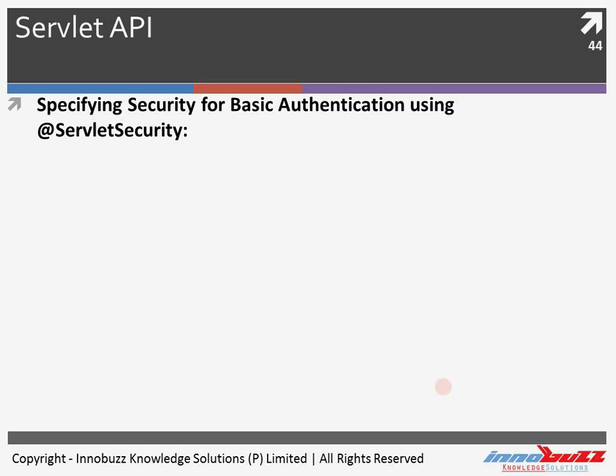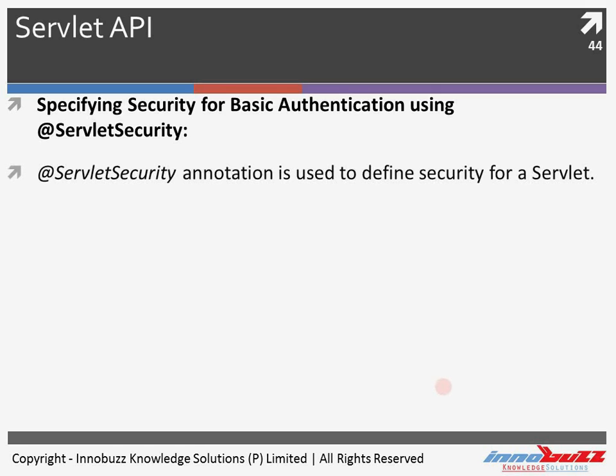Now we are going to see the @ServletSecurity annotation, which is used to define security for a servlet. This annotation is an alternative mechanism to what we achieve through the security-constraint tag which we give in web.xml. So this is the alternative where the annotation has come.